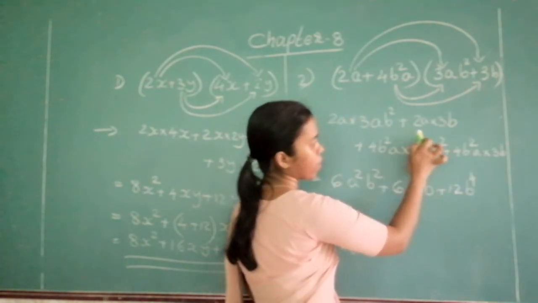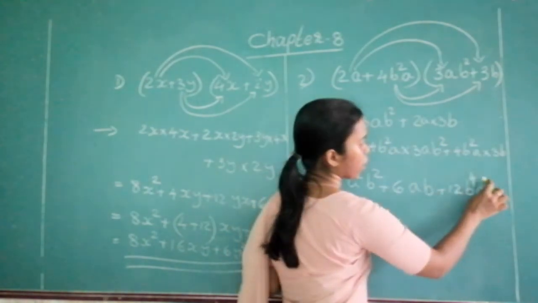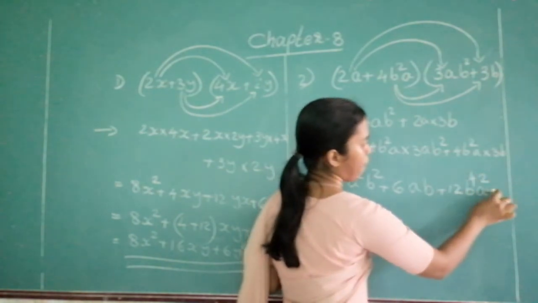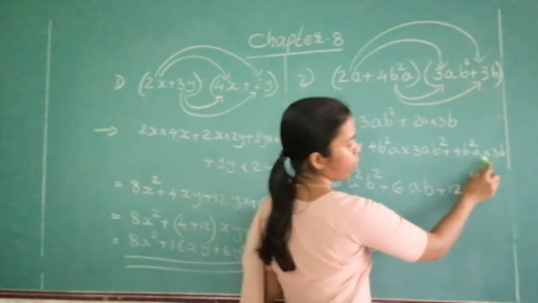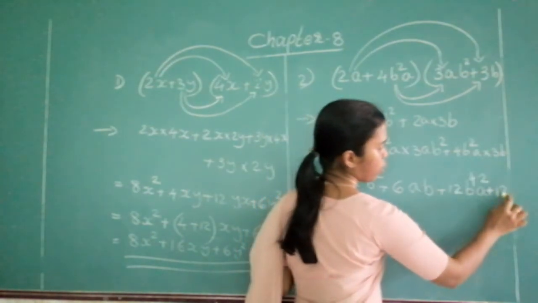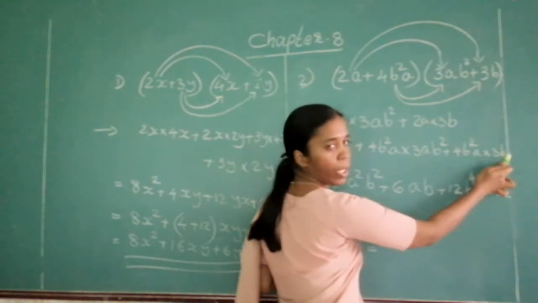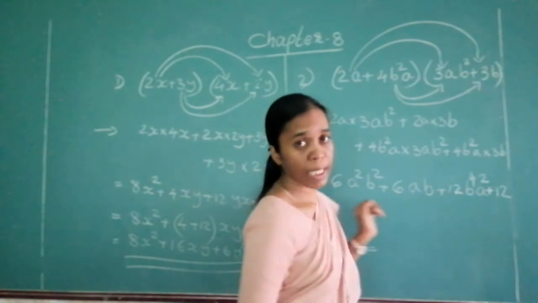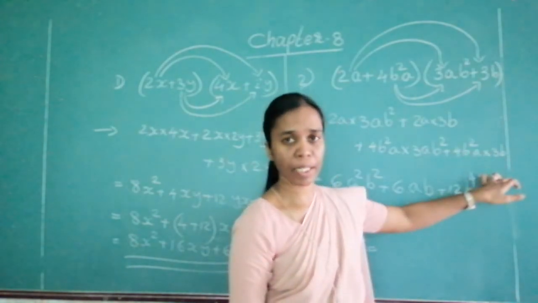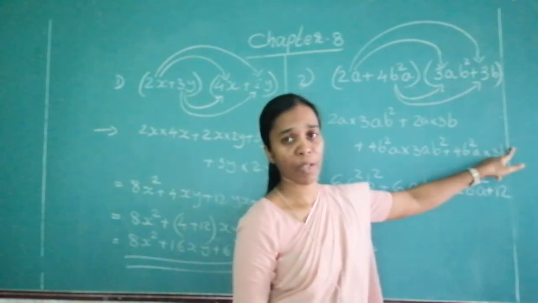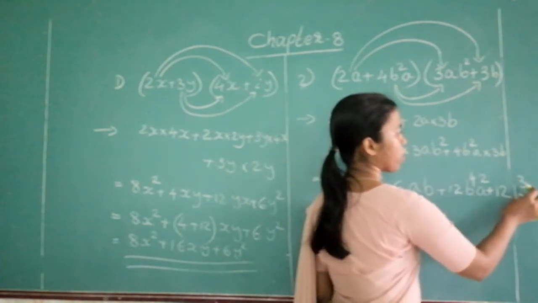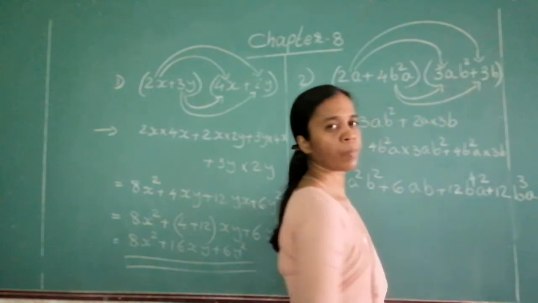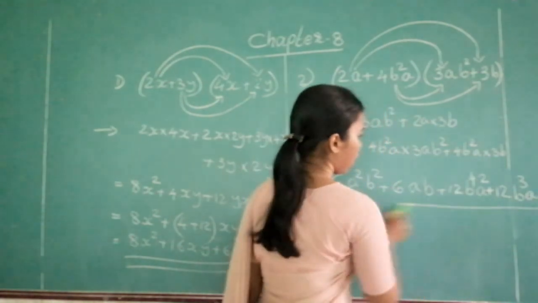Add the index 1 and 1. So a raised to 2, plus 4 into 3, 12. b square and b. Same base. So add the index. You have 2 and 1. So 2 plus 1 is 3. So b raised to 3a. So this is the answer.